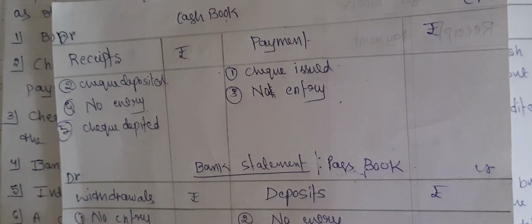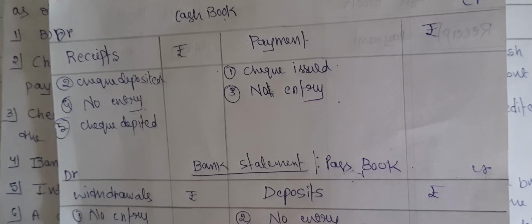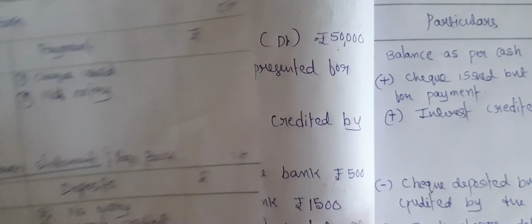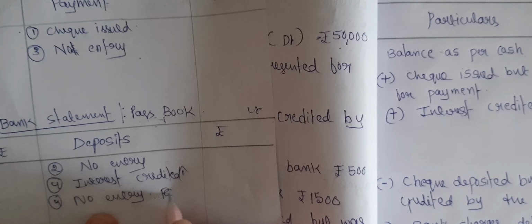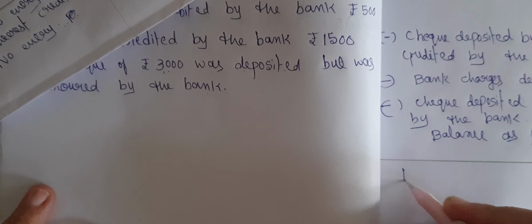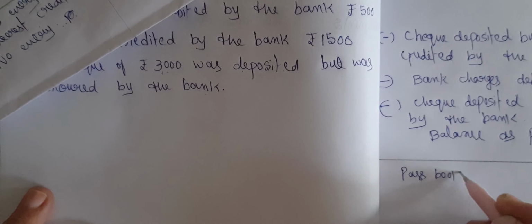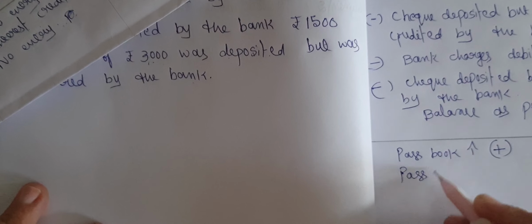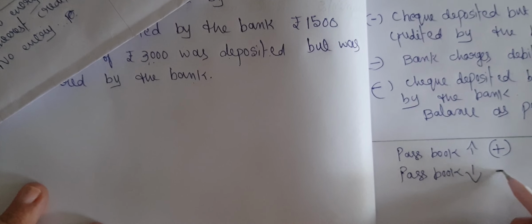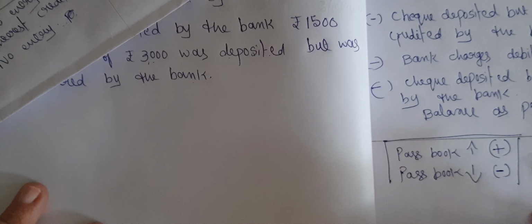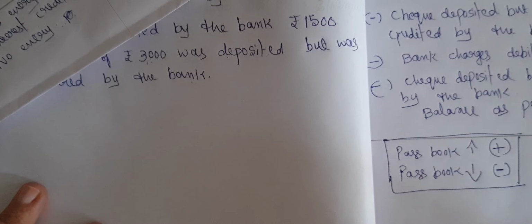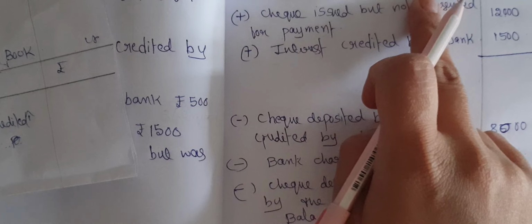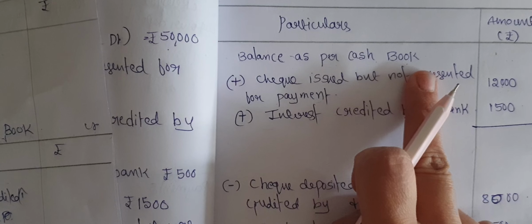If the passbook balance is less, we have to deduct. If the passbook balance is more, we have to add. Follow this rule while solving the problem when the balance as per cash book is given.